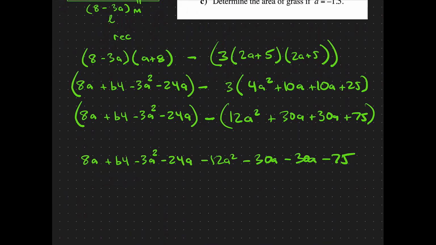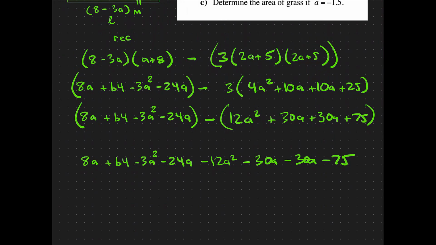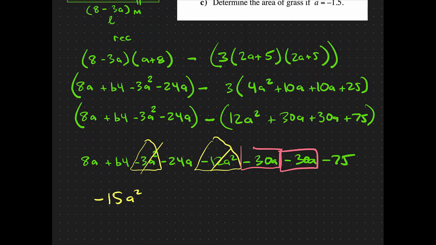Okay, so let's look at putting this in descending order. So we'll go with our a squareds. I got a negative 3a squared and a negative 12a squared, which is going to be negative 15a squareds, and those are done. Let's move on to our a's. I got negative 30a, another negative 30a, another negative 24a, and a positive 8a.